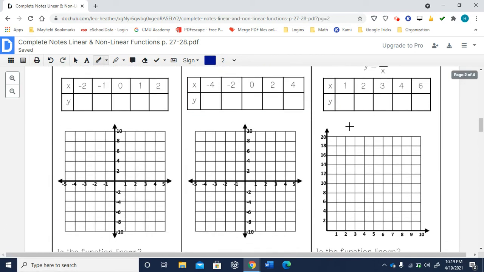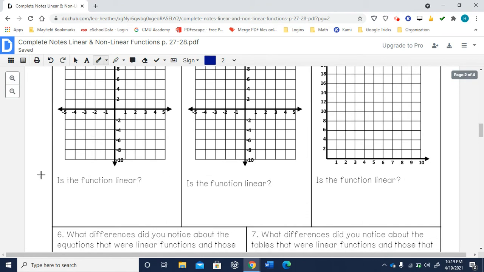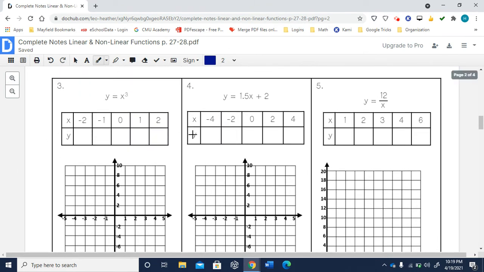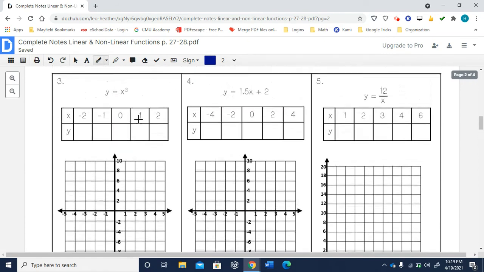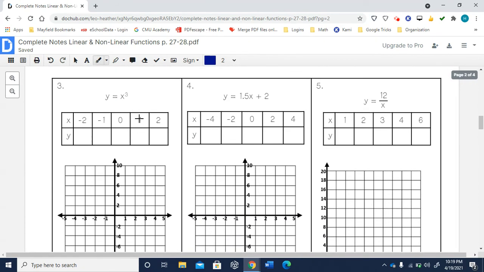Okay, so we're going to do the same thing again. We are going to graph these, and I'm going to do these quickly this time and see if they're linear. So I'm going to just substitute in. I'm not going to write it out this time for every one of these. So for this one, I'm going to take the -2 and put it in for x.